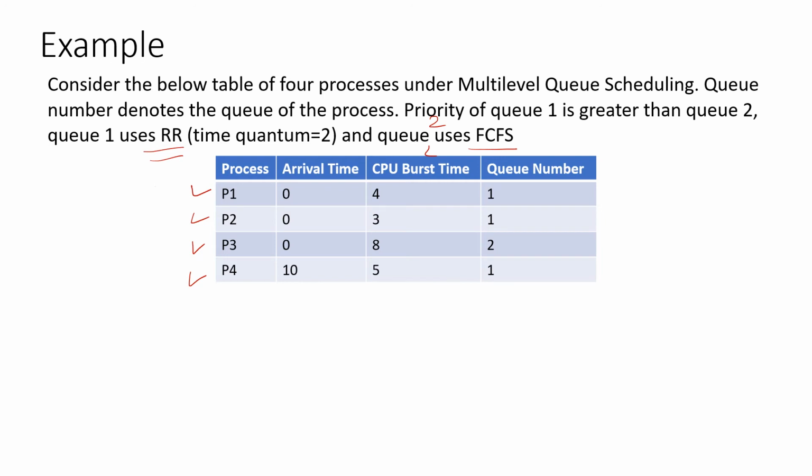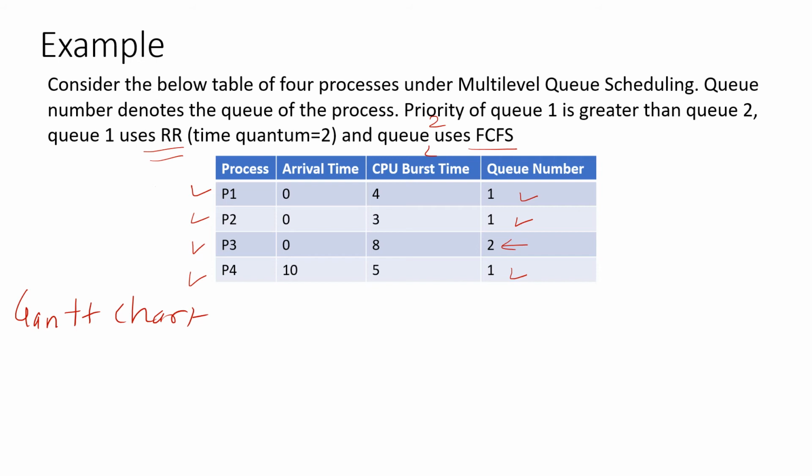P1, P2 and P4 are in Q1 and P3 is in Q2. The Q1 has a greater priority than Q2. So first we have to draw the Gantt chart.